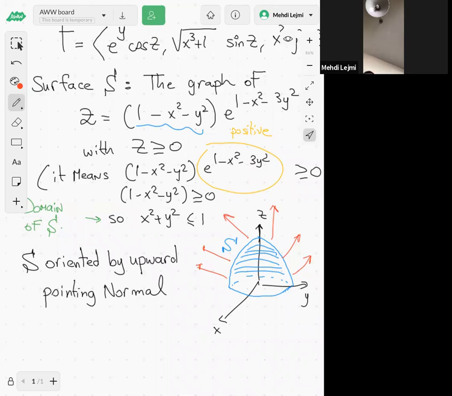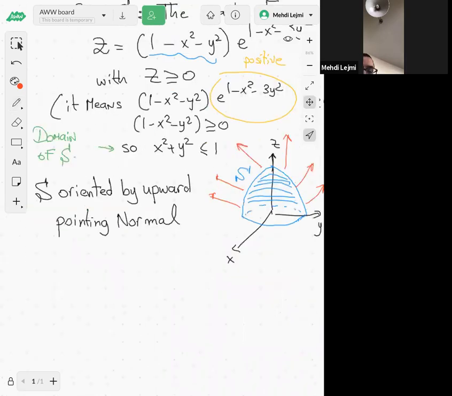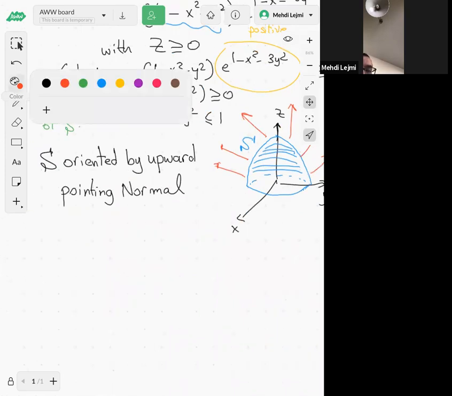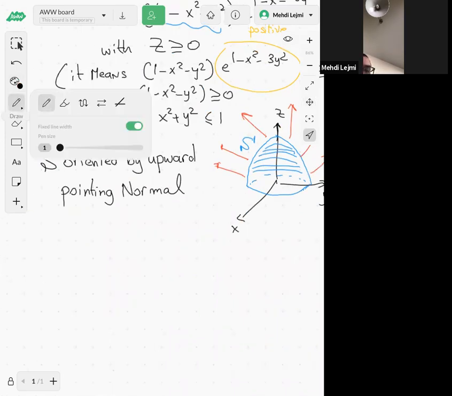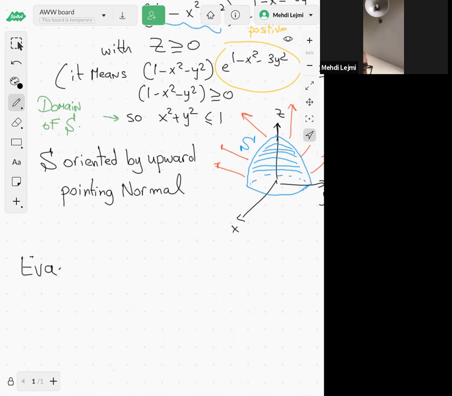Anyway, let's say you want to evaluate the flux of F across S. Let's say the question here is not to verify Gauss's theorem. It's just to evaluate the flux of F across S.